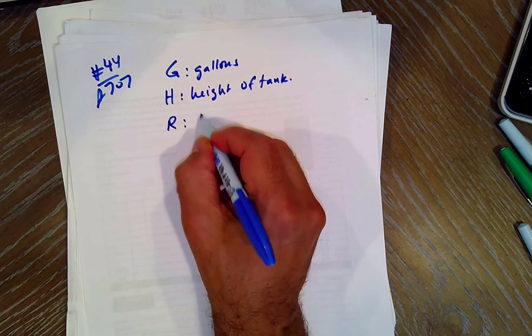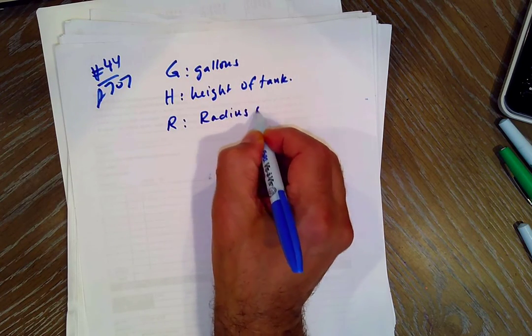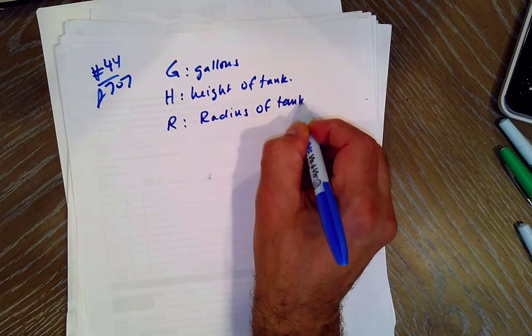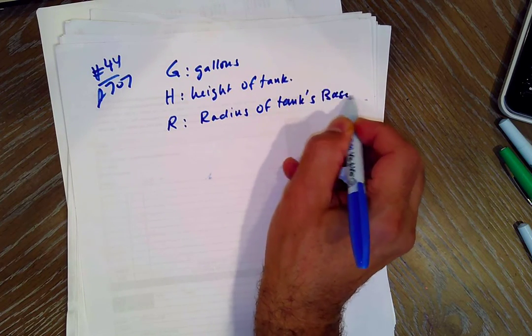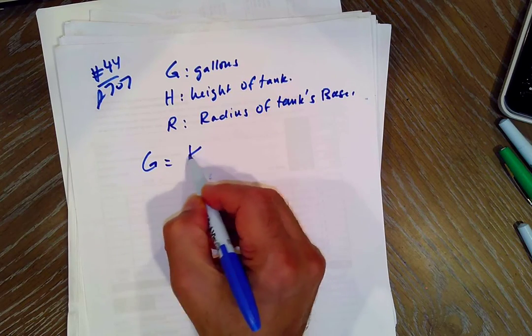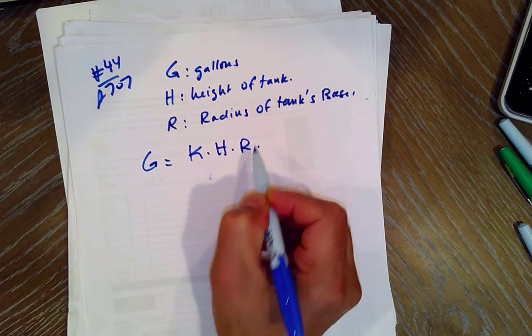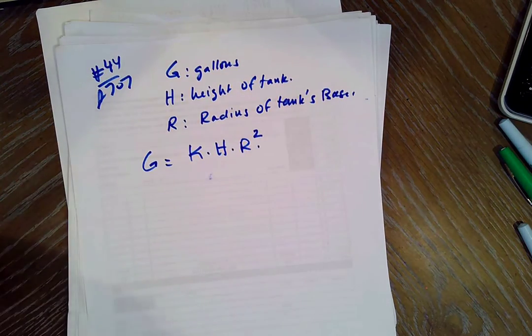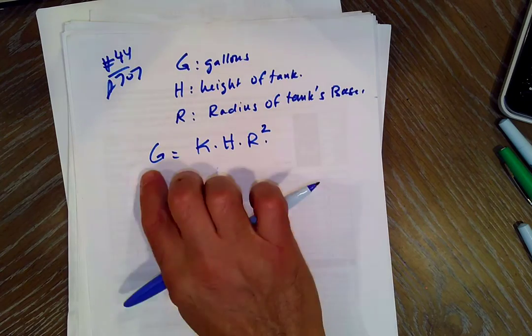R is the radius of the tank's base. And it says jointly, so G equals a multiple direct variation, and it's R squared because it says and the square of the radius. So you gotta be careful for those things. So we set up the formula.